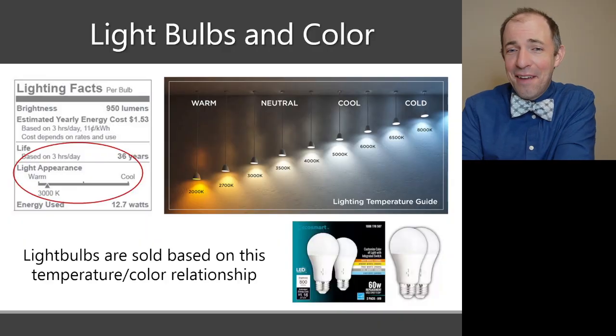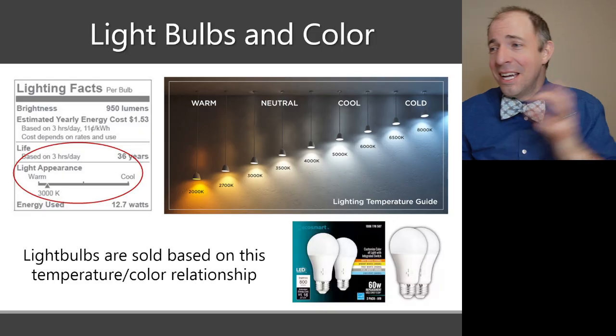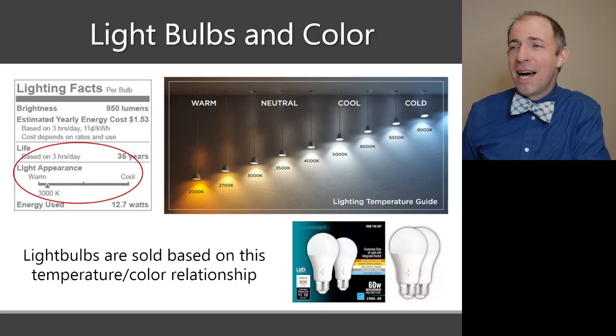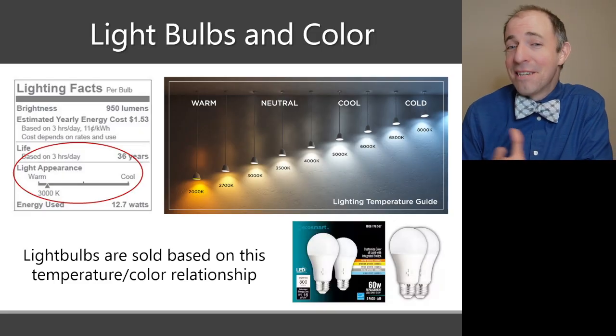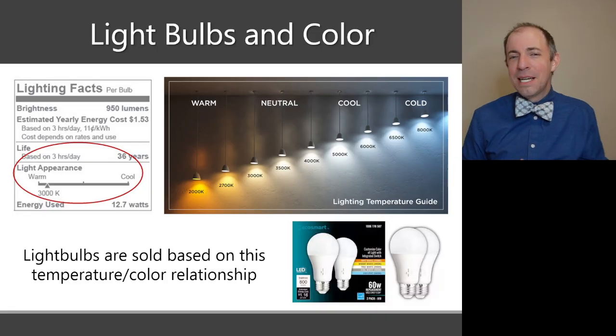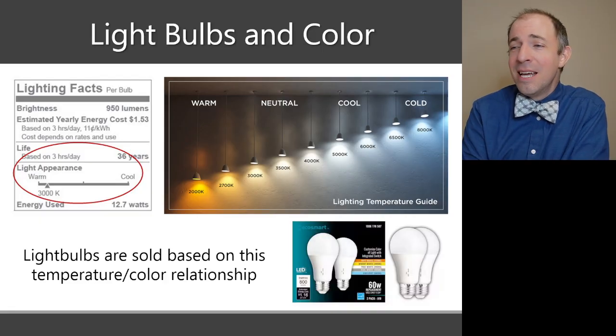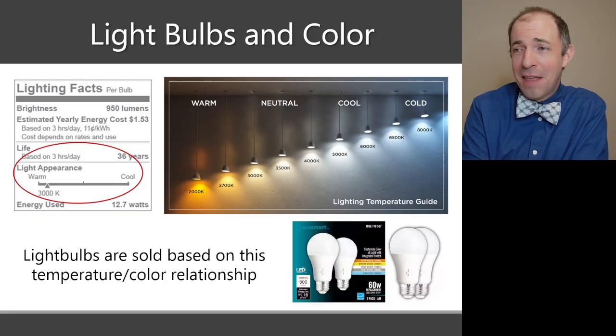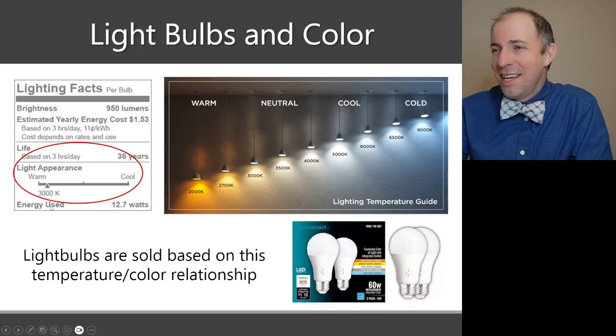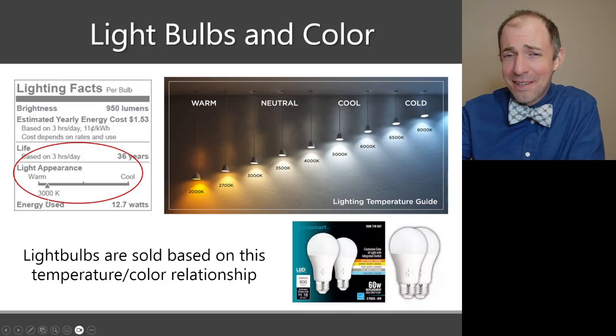If you look at a hardware store and check out the back of a light bulb box, you might see a reference to this. It's kind of antiquated because it's based on old incandescent light bulbs. The color appearance of them is always listed as a temperature in Kelvin.